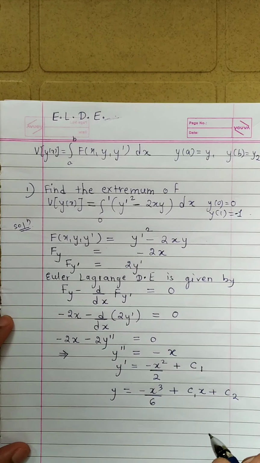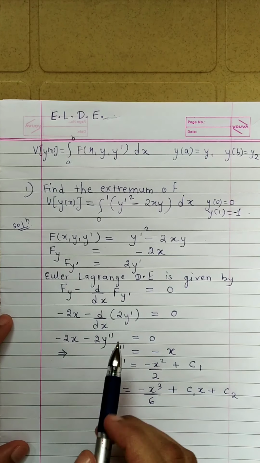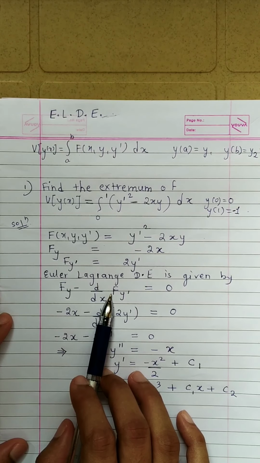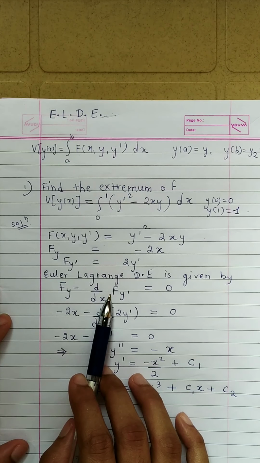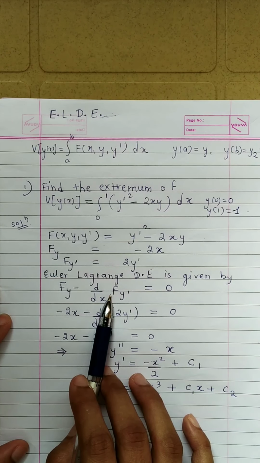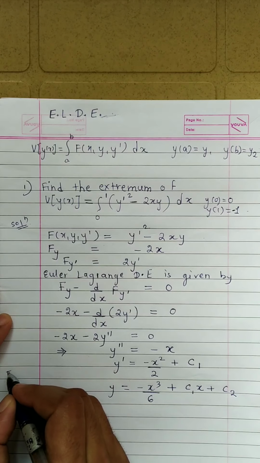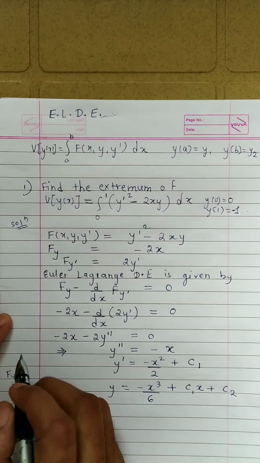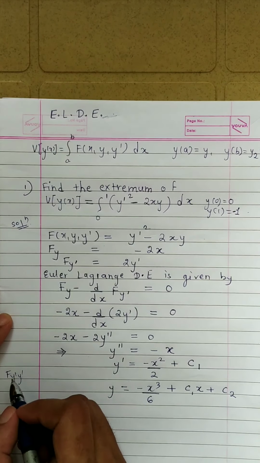Now, do you remember that when we expanded this form we got that the Euler-Lagrange differential equation is a second order differential equation provided that the y double dash term is not equal to 0.